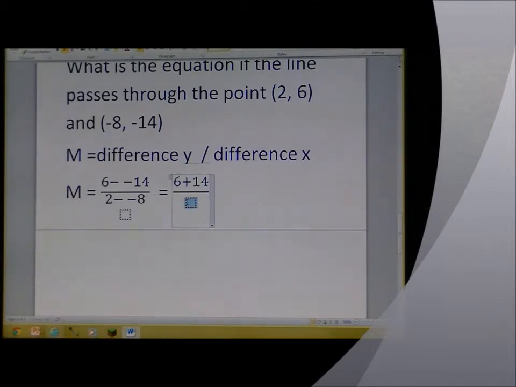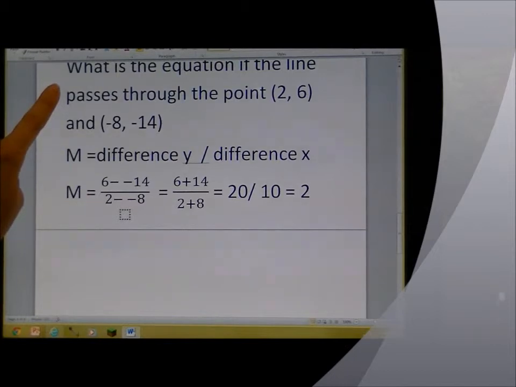And 2 plus 8. Again, because a negative times a negative is a positive. Okay. And now 6 plus 14 is 20, divided by 2 plus 8 is 10, and so I know that reduces. 20 divided by 10 is 2. So my slope in this equation would be 2.